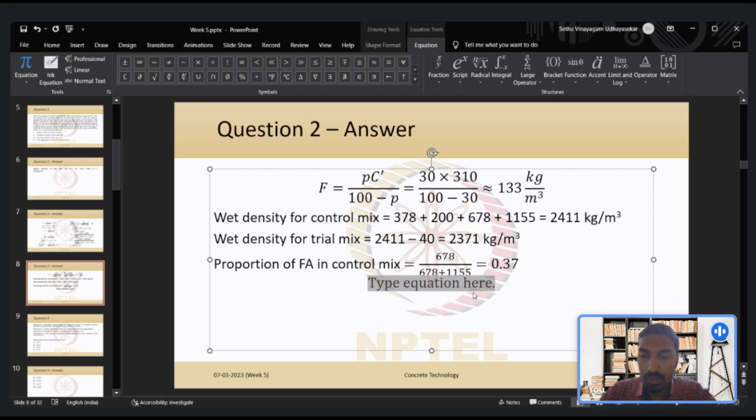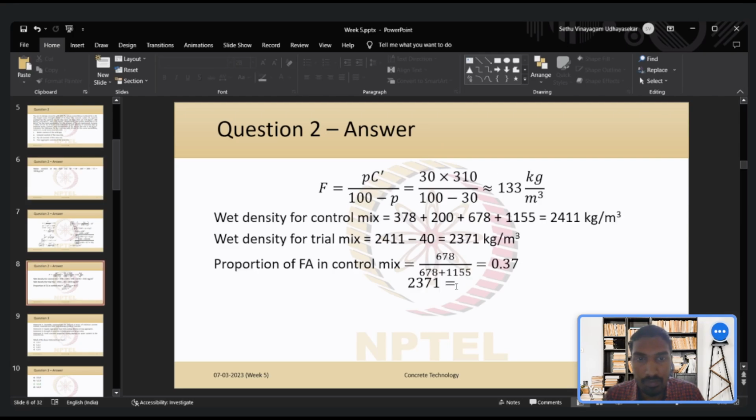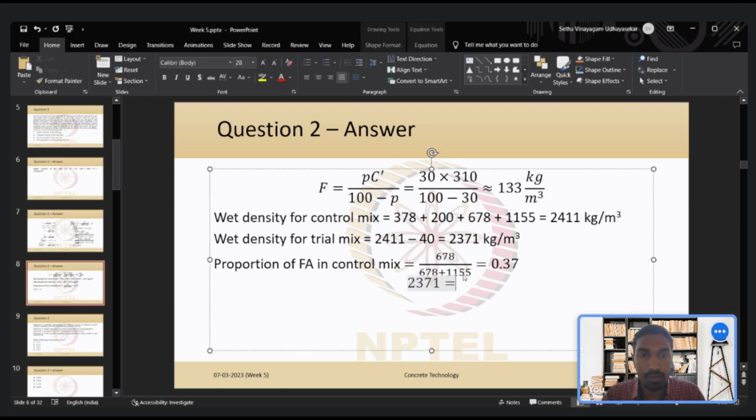The wet density for the new or trial mix is 2371 kilograms, which is equal to the new water content, 185, plus 310, the new cement content, plus the fly ash, which is 133, plus the aggregate content, W AGG.